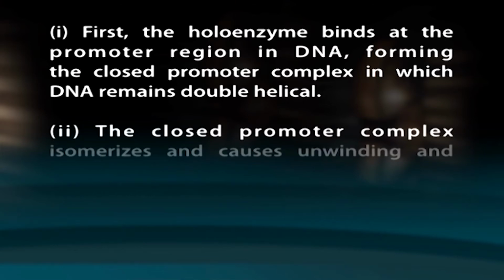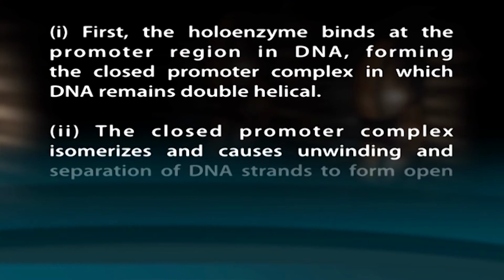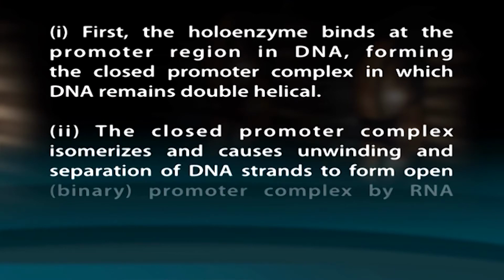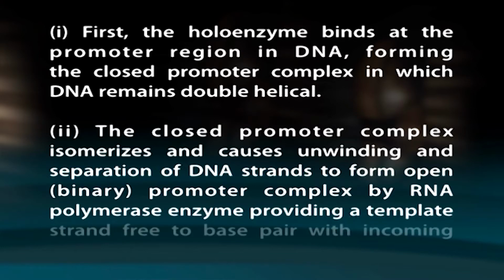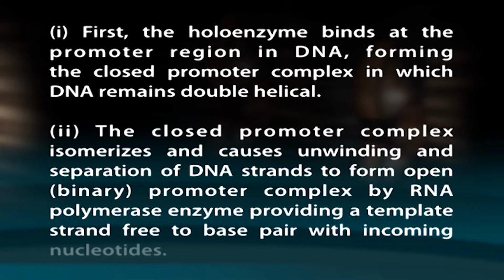Secondly, the closed promoter complex isomerizes and causes unwinding and separation of DNA strands to form the open, that is binary, promoter complex by RNA polymerase enzyme, providing a template strand free to base pair with incoming nucleotides.